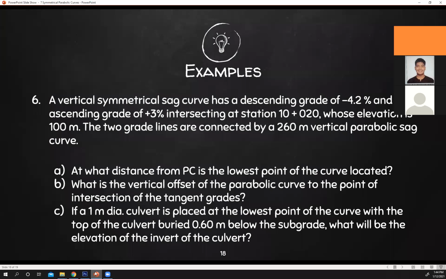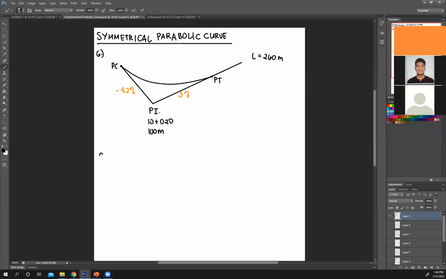Okay, first, letter A. What distance from PC is the lowest point of the curve? The lowest point of the curve is this. So the distance from PC to that point. What do you call this? What is this distance, PC to lowest point?